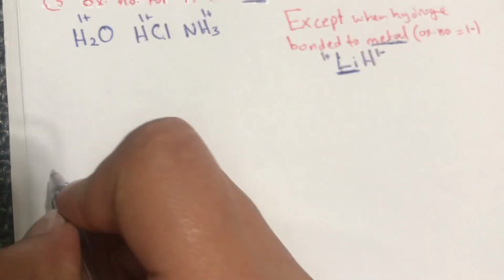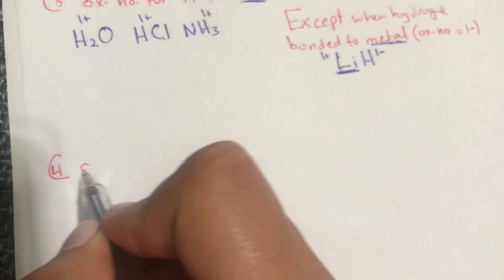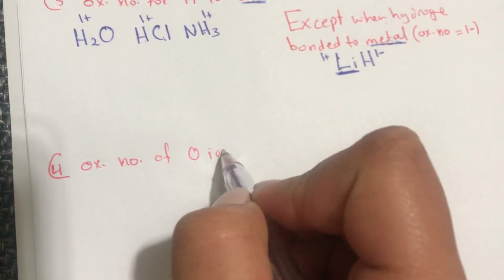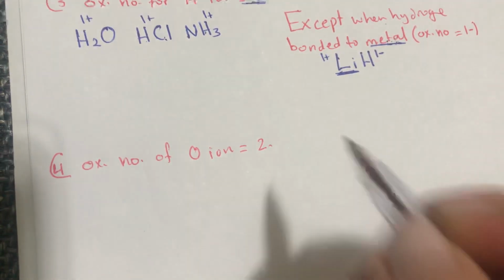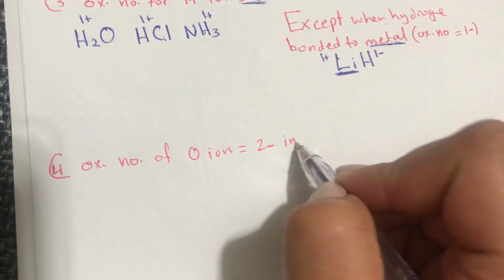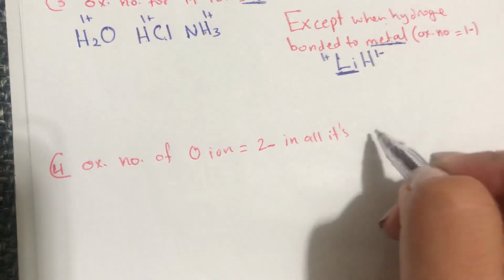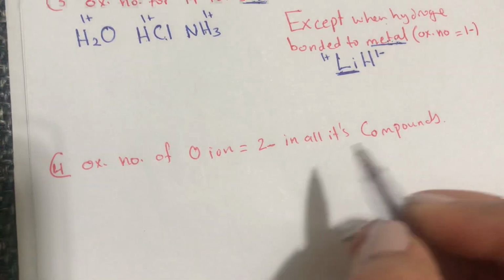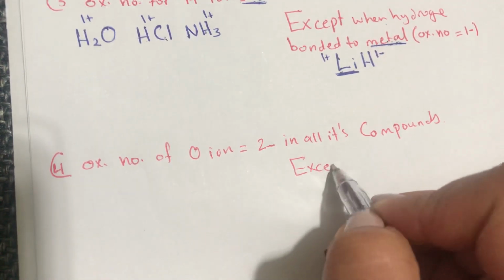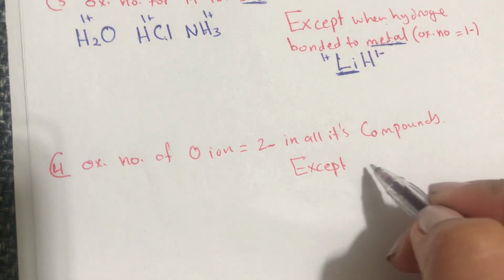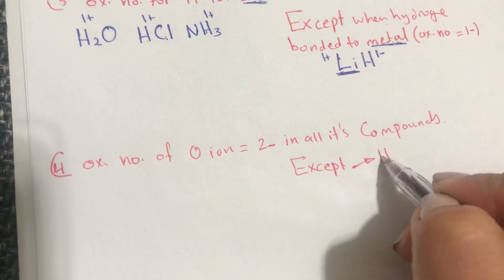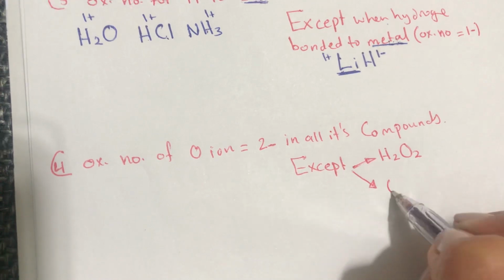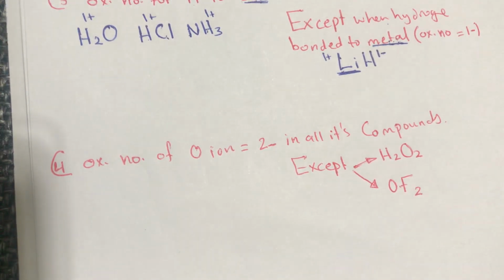Rule number 4, the oxidation number of oxygen ion equals -2 in all its compounds except two compounds, hydrogen peroxide H2O2 and oxygen difluoride.